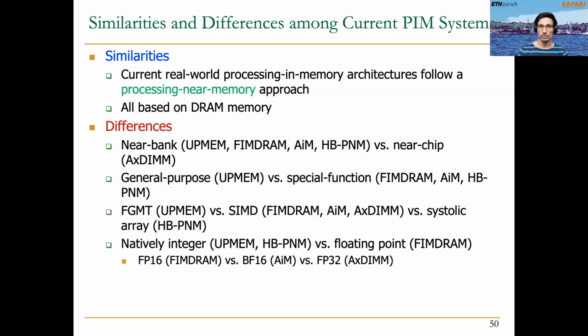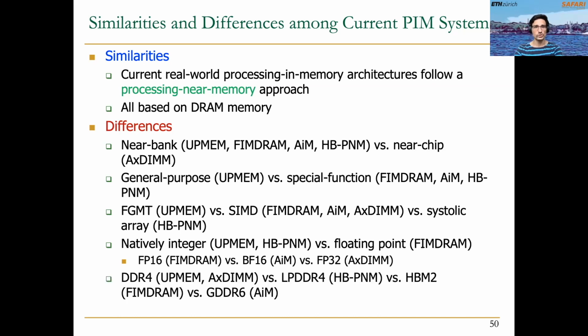But among these working on floating point values, we have FIMDRAM that supports floating point 16 bits from the IEEE 754 standard, while AIM, for example, supports this bfloat 16, or AXDIM, at least the prototype that we studied, work with 32-bit floating point values.